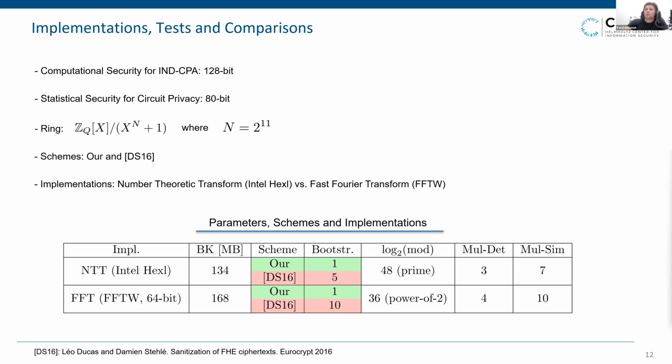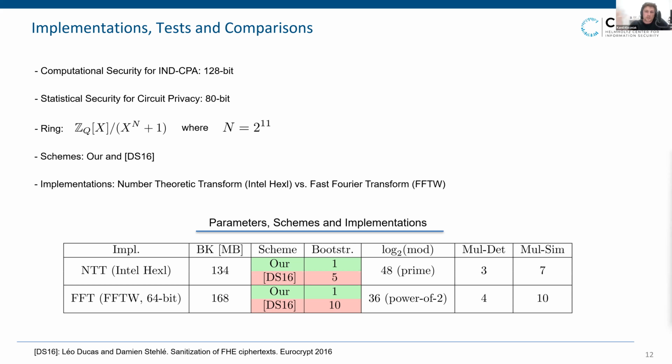Now note that 80 bits is usually enough for statistical security, because the security is based on the statistical distance between random variables. In particular, statistical security does not degrade in the future with new attacks, advances in computational power, and so on.